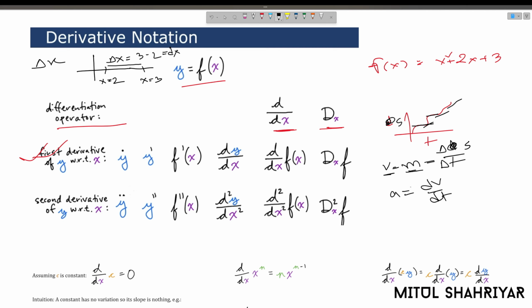Okay, now for acceleration, understand that the graph we had was velocity by time, right? So the change in velocity by change in time, right?